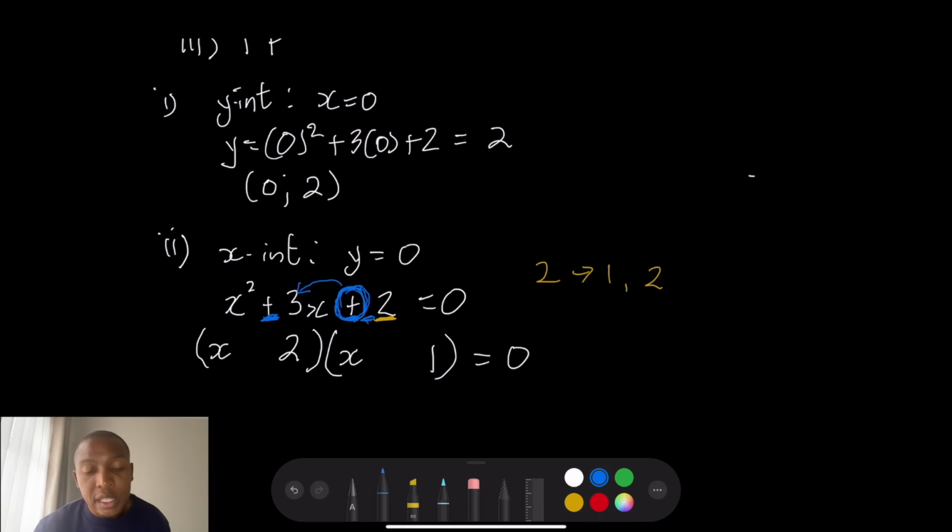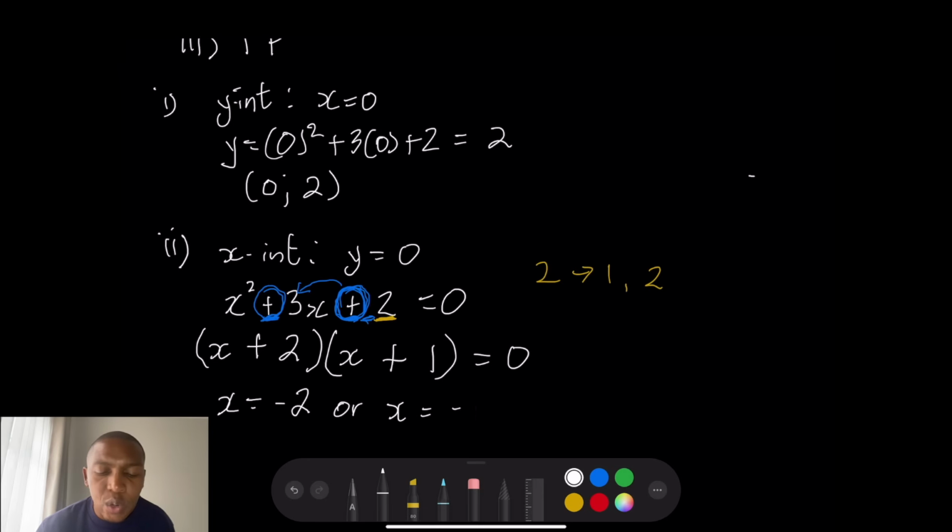It could either be negative or positive, but which sign would be inside the bracket? I go to the middle term, and I see I've got a plus there. So the signs are the same, and in both instances I've got a plus and a plus. Then x would be equal to -2, or x is equal to -1.